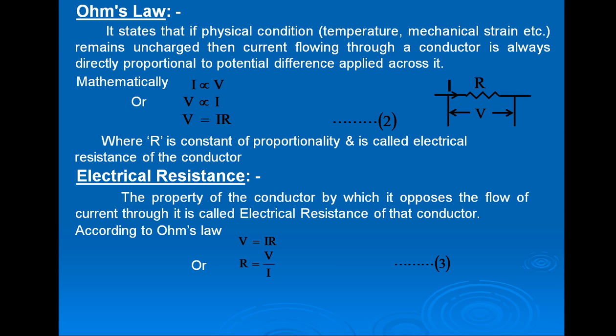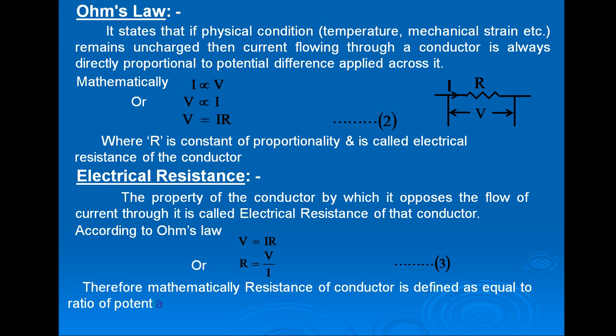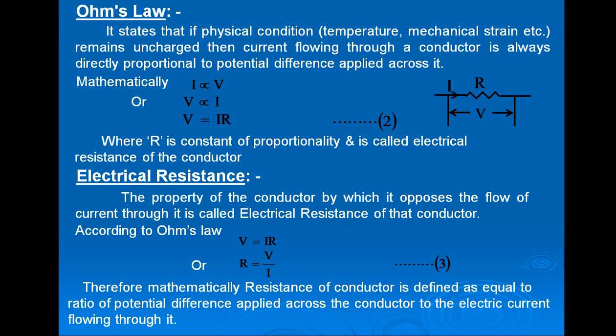Put this as equation number 3. Therefore, mathematically, the resistance of a conductor is defined as the ratio of the potential difference applied across the conductor to the electric current flowing through it. So this is the mathematical definition of electrical resistance.